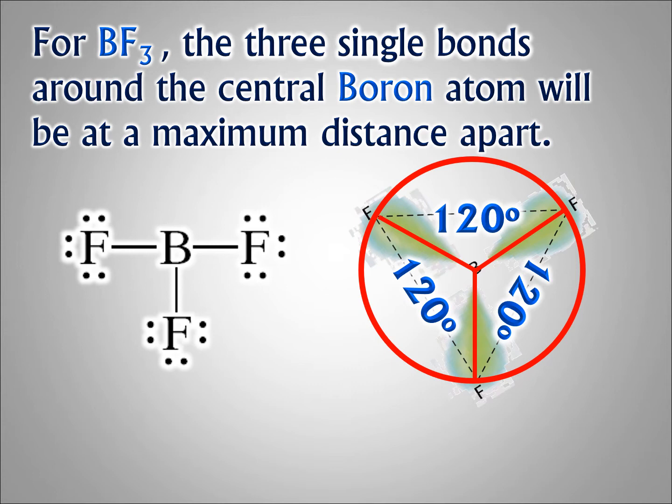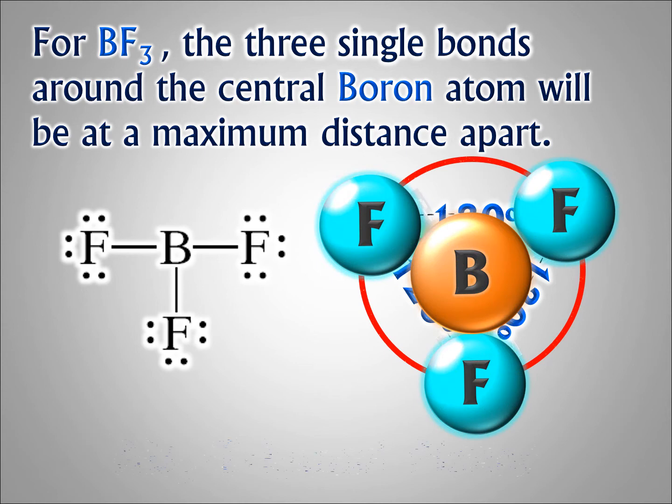We usually like to cut all the way across, but you can't do that in this case. What you wind up with is 120 degree angles. 360 divided by 3 is 120 degrees. So that is the spacing we get between the boron and the different fluorine atoms. So that is boron trifluoride.